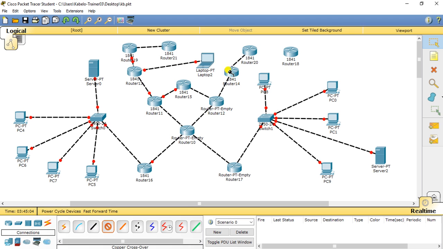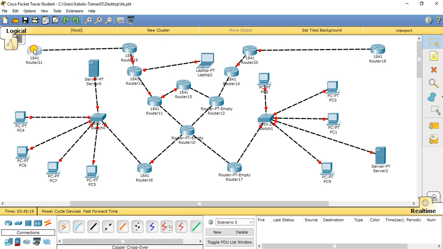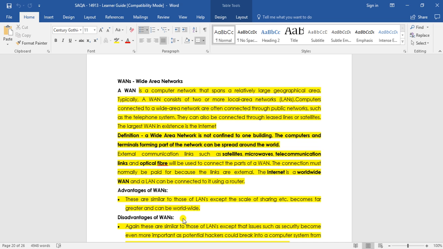So this is our internet: an interconnection of routers within the cloud of an internet.